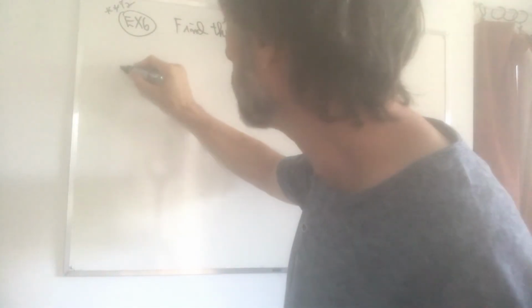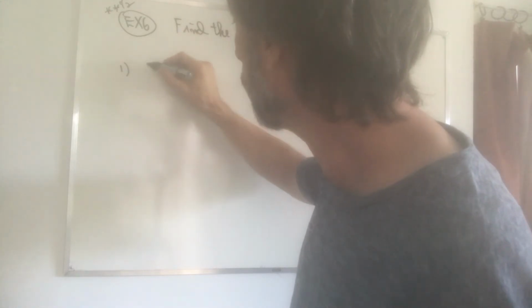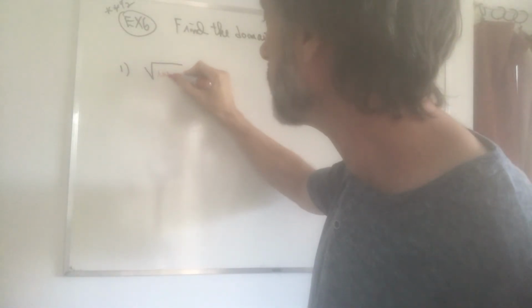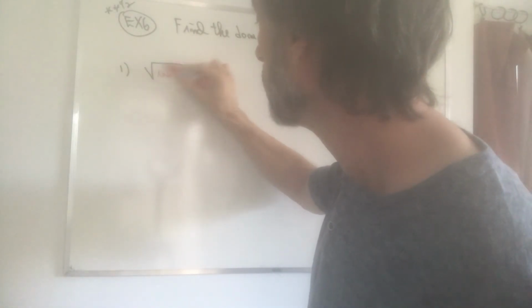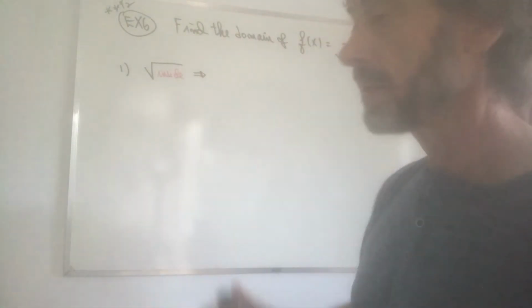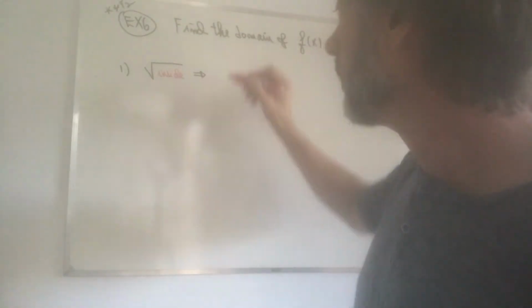So first, inside of the root, so I have a root with an inside in this example 6, and that means that we need the inside to be greater than or equal to 0.